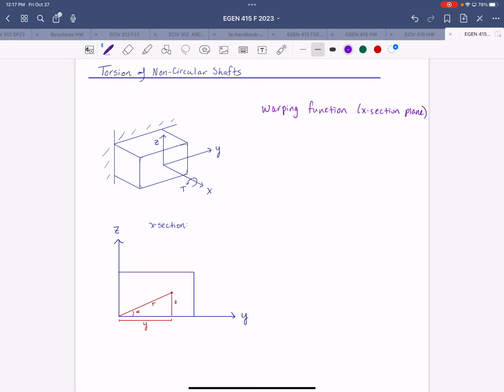If you imagine a rectangular cross-section, like if this piece of paper represents the cross-section and it's experiencing a torsion or a twist about the longitudinal axis coming out at you, in that cross-section plane, the corners will bend in and out. So there will be deformation in the axial direction on the corners. And that's what we're defining with this warping function.